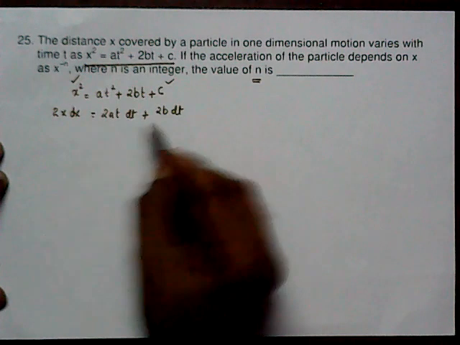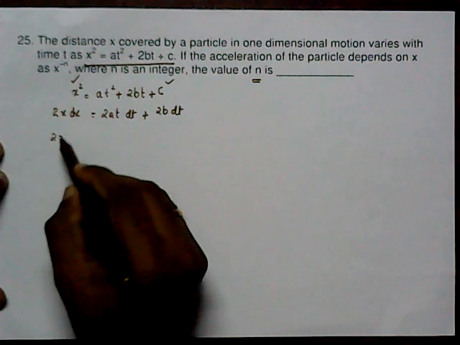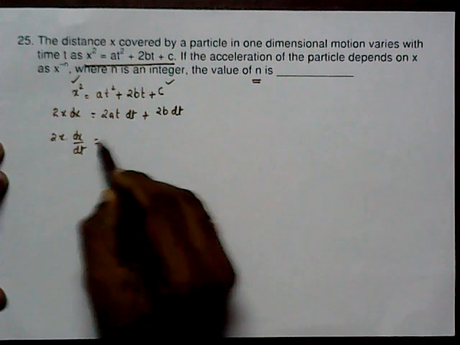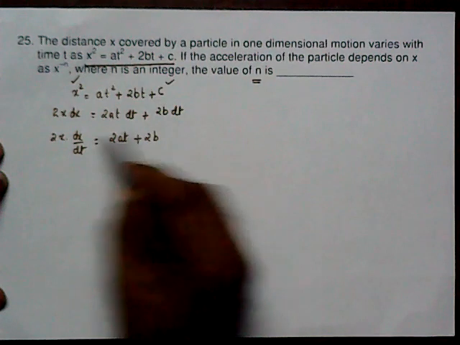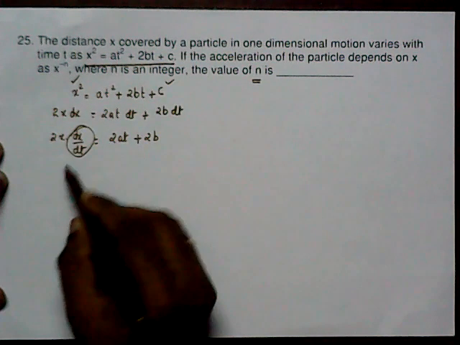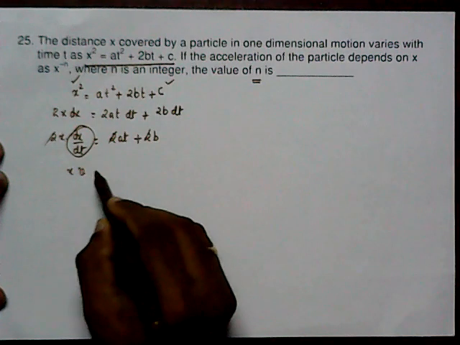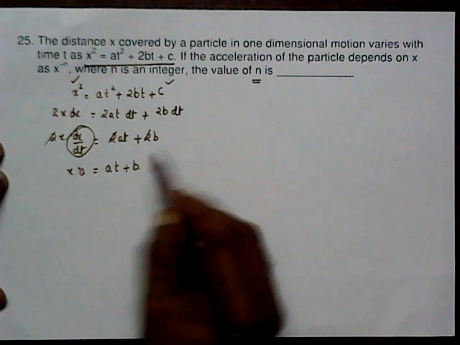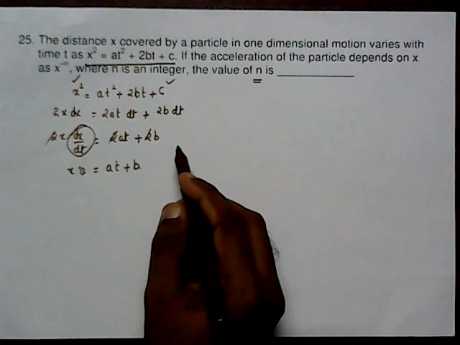So we can take that dt, so it becomes 2x into dx by dt equal to 2at plus 2b. The dx by dt is v, and 2 cancels. So we get x into v equal to at plus b.